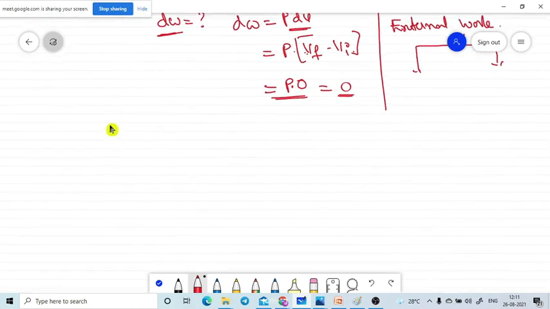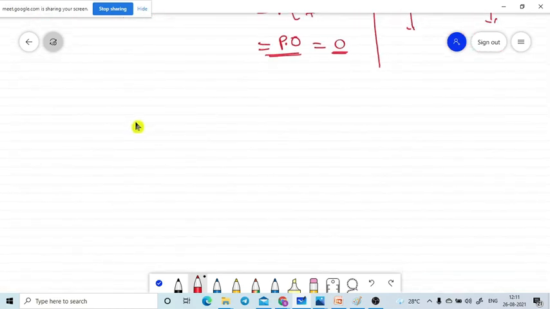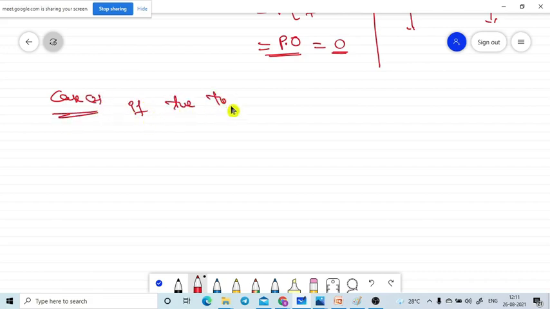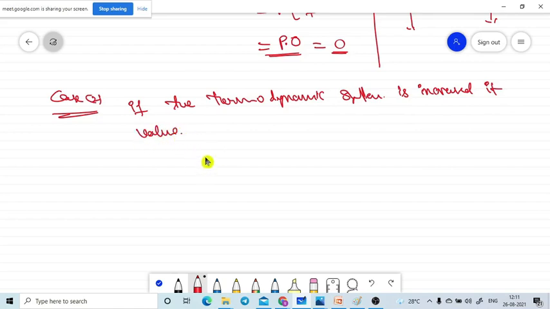Now I am going to another one, case 2. If the thermodynamic system is increasing its volume, my question is, is dW positive or negative?